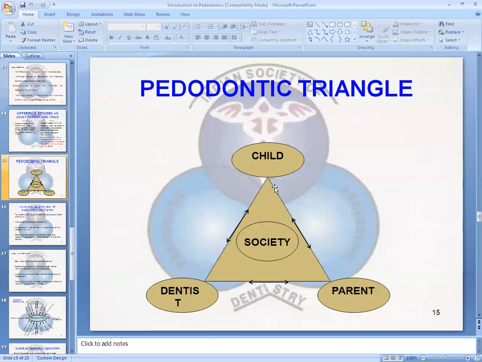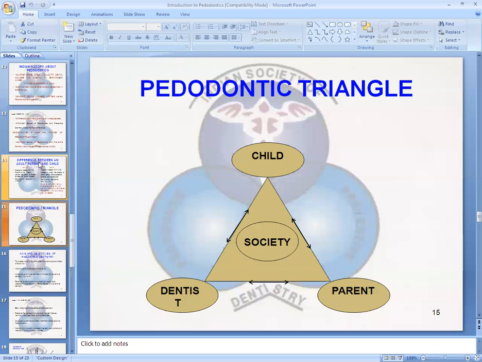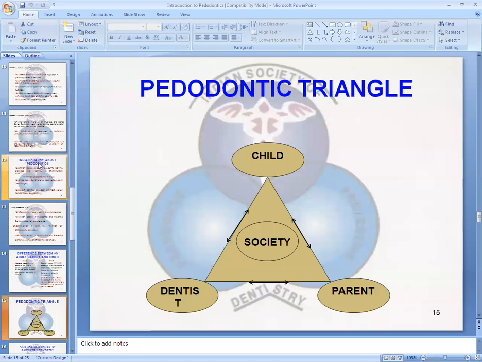Okay. And in an adult patient, what happens? Only the dentist and the patient are there. But in pediatrics, what happens with a pediatric patient? There is a child, so it is a pediatric triangle. Okay? Now we will see the aims and objectives.